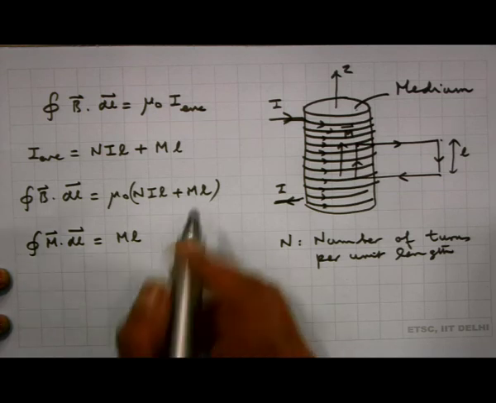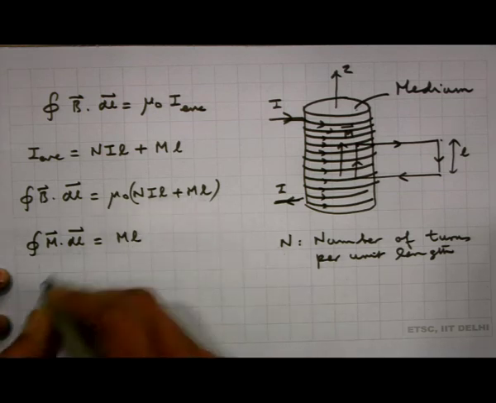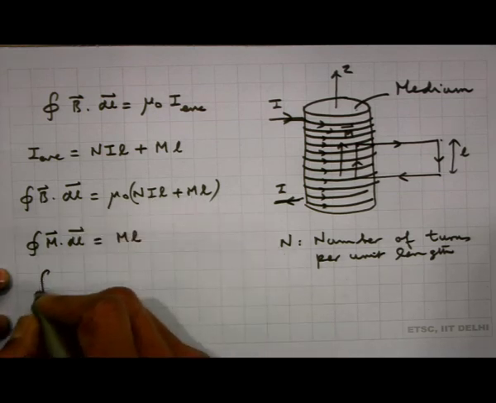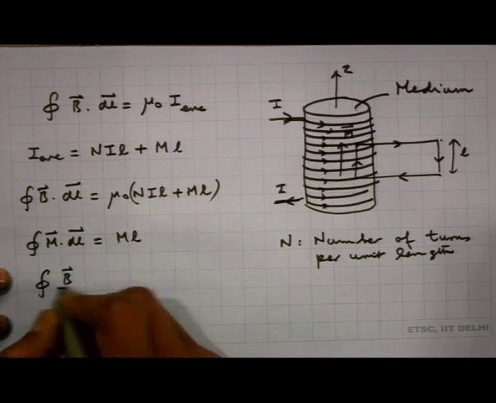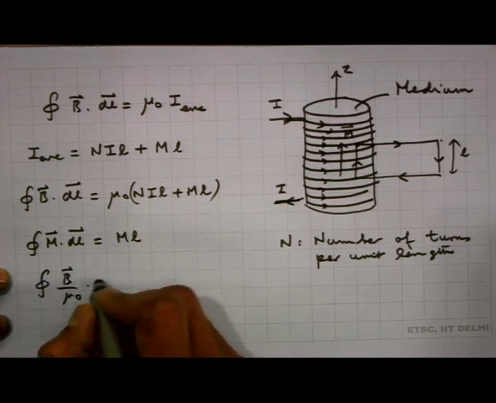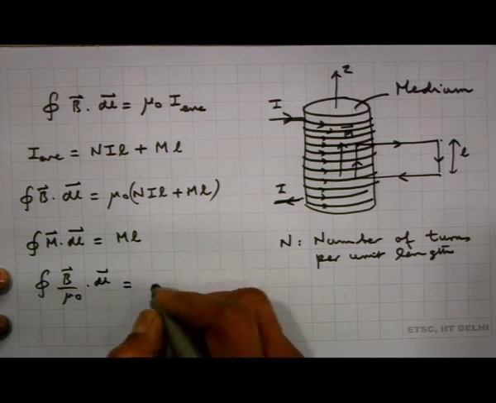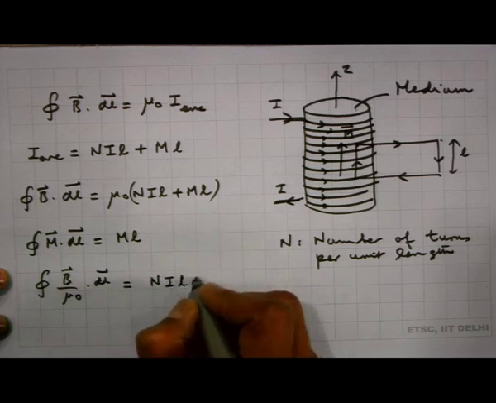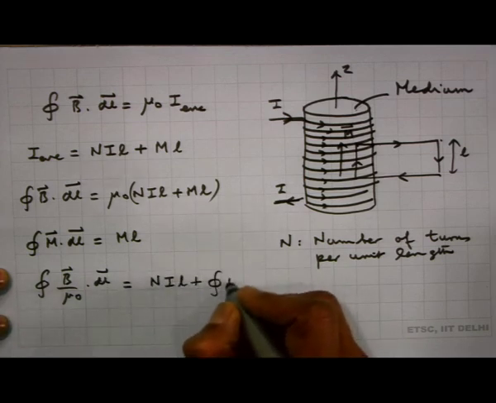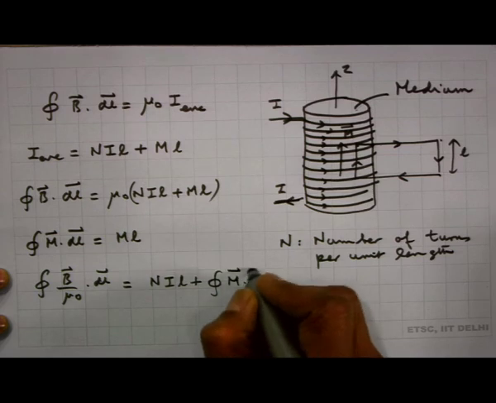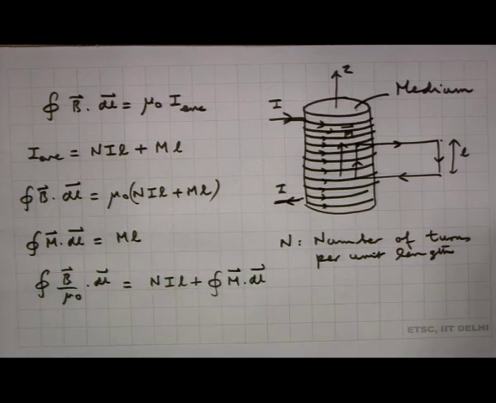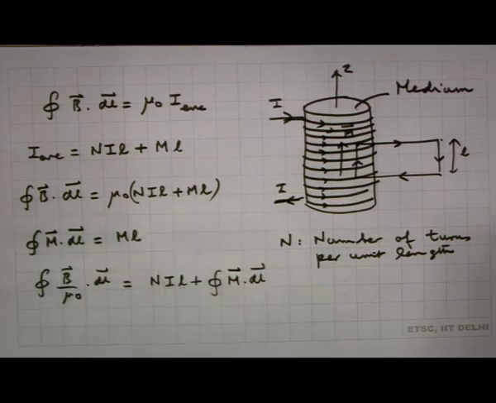So, I can write this ML as the integral of M dot dl. Let me divide by mu naught both sides. So, I get the integral of B by mu naught dot dl is equal to nIL plus the integral of M dot dl. I have replaced ML by the integral of M dot dl.